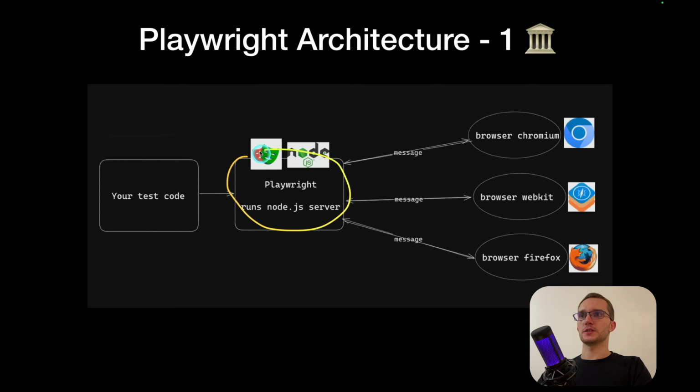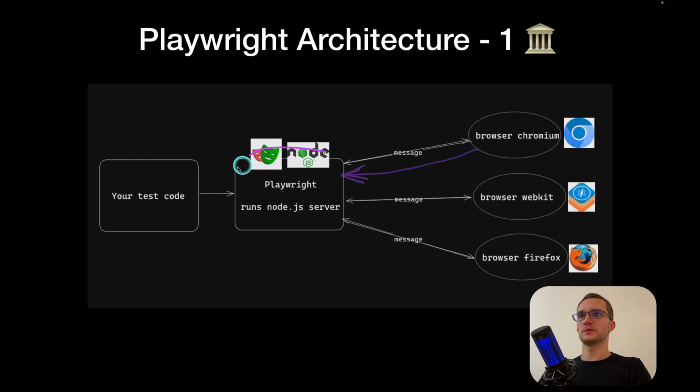Playwright reads this code, then it connects to the browser and sends a message to the browser to navigate to this page, and the browser navigates to the page that you specified in your code, and then the browser replies something like content loaded, so page loaded.